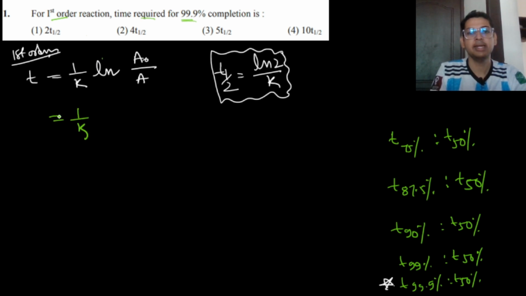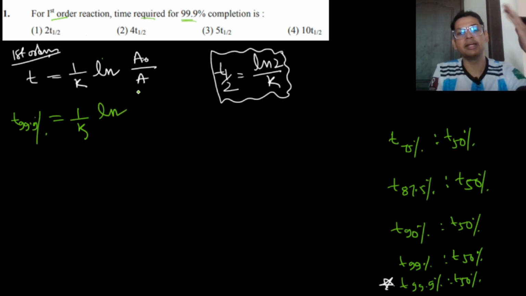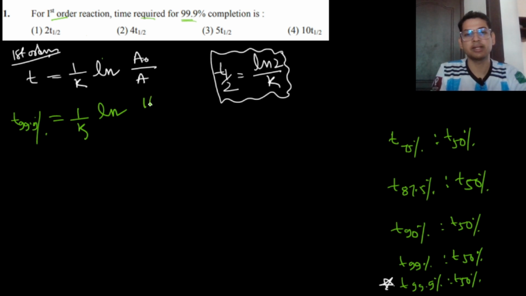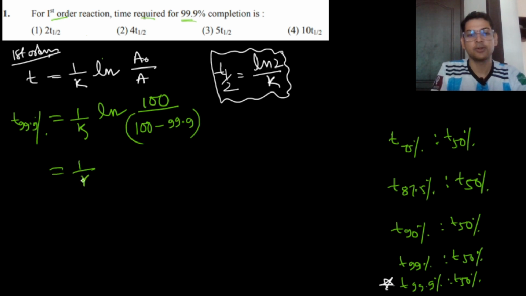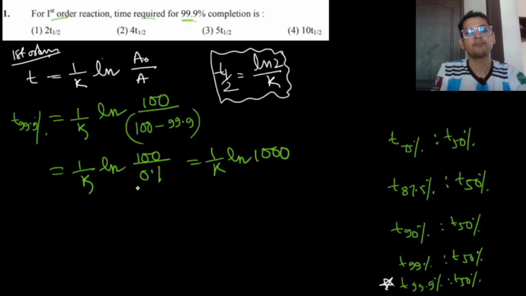For T 99.9%, the initial A naught is 100%, and the A that is left is 100 minus 99.9. Do you understand this or not? So 1 by K ln 100 by 0.1, we can write 1 by K ln 1000.